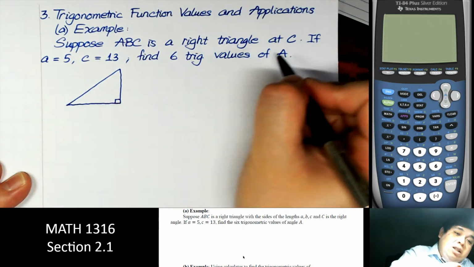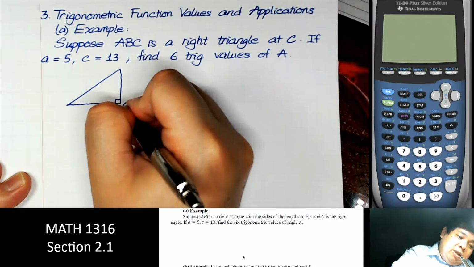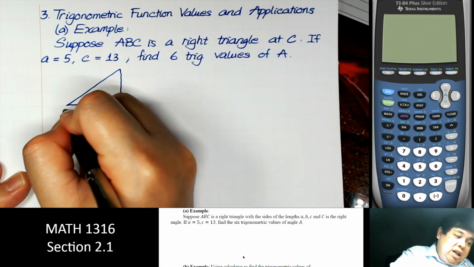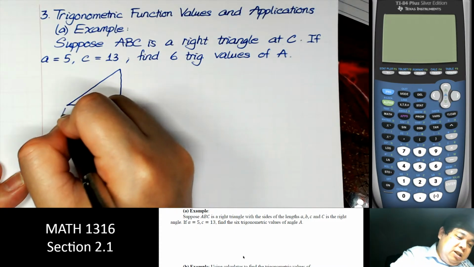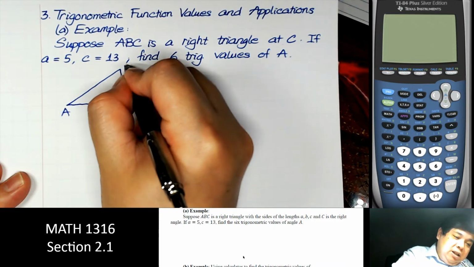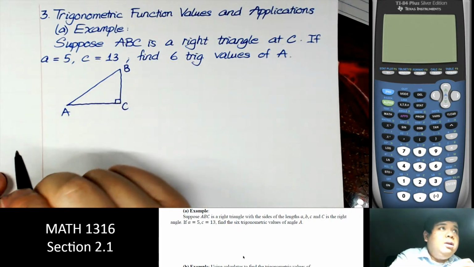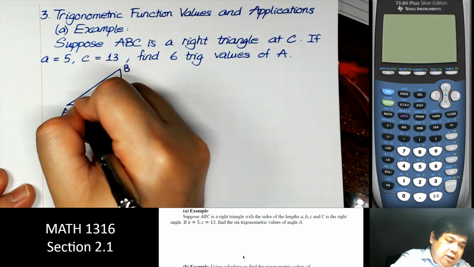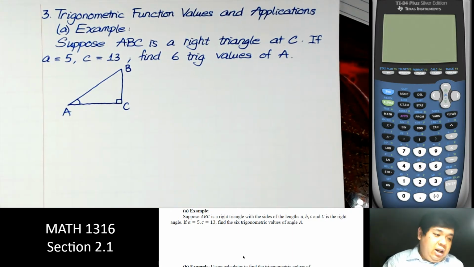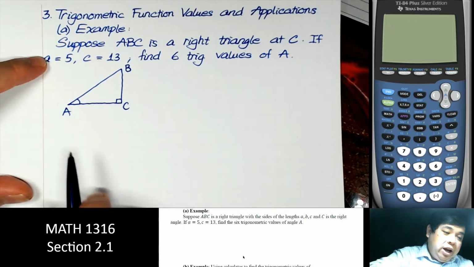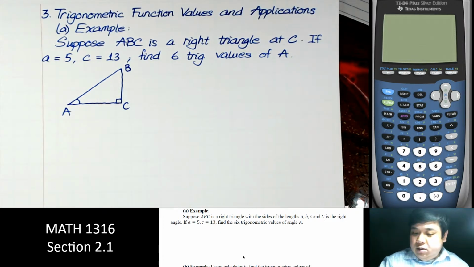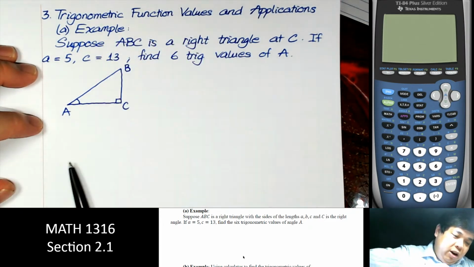We know that C is the right angle. We just say A is here and B is there. The side opposite to angle A is a, which is 5.